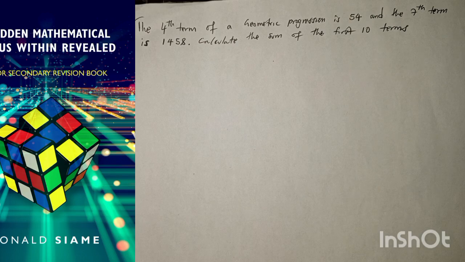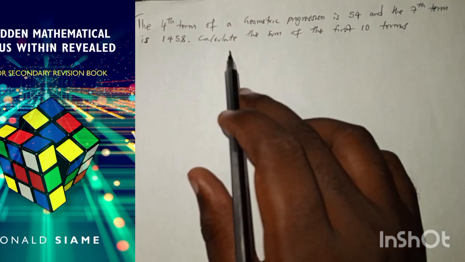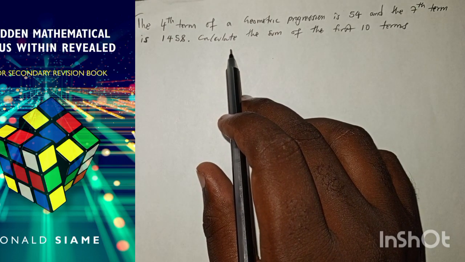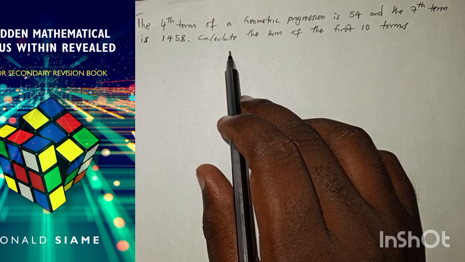This is a geometric progression, which is a progression where there is a common ratio between consecutive terms. Our question is asking us to calculate the sum of the first 10 terms.